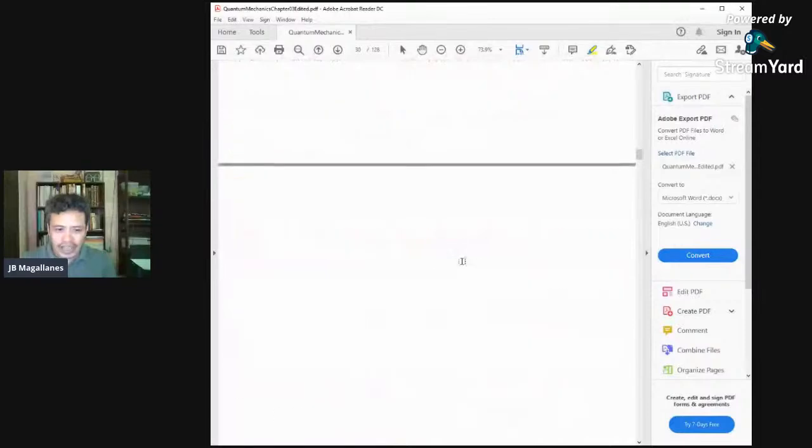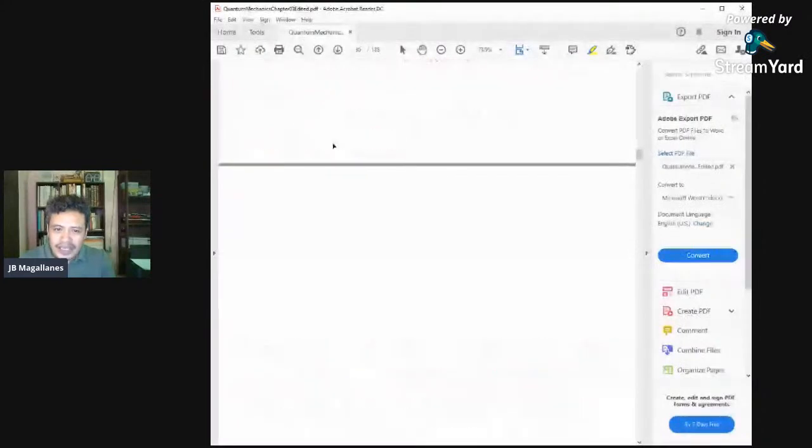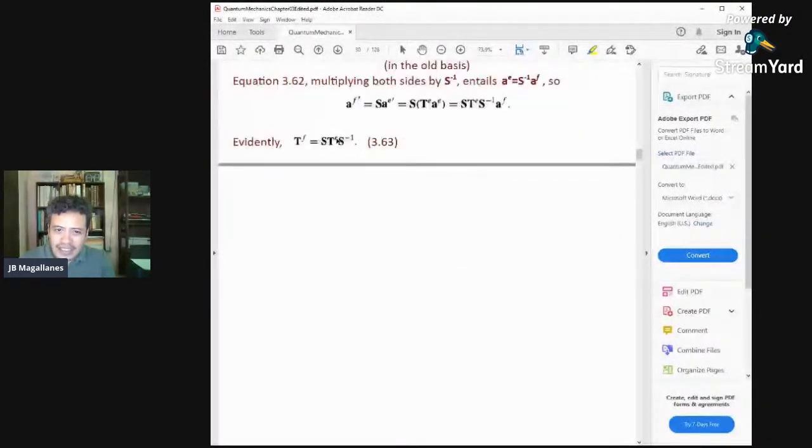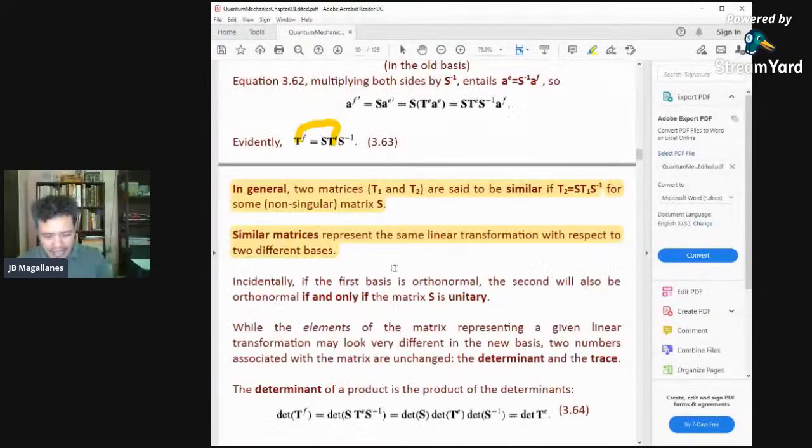And similar matrices actually represent the same linear transformation with respect to two different bases. In this case, the basis of T is E, and here the basis is F. The basis, again, I'd like to repeat, are the unit vectors spanning the space. For example, for 3 dimensions, those vectors are just ijk.